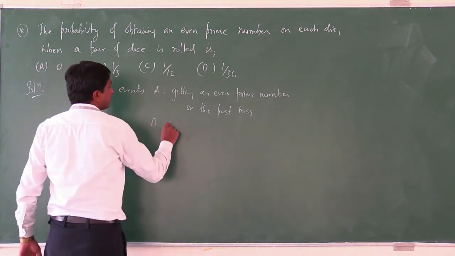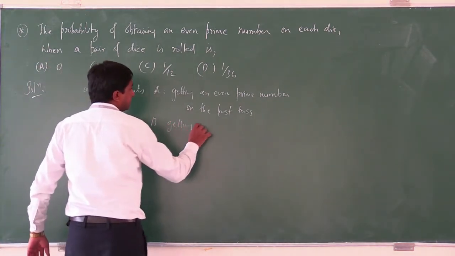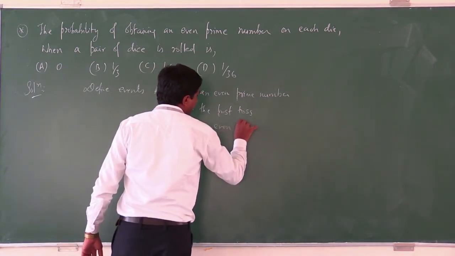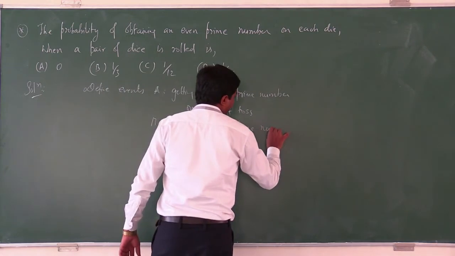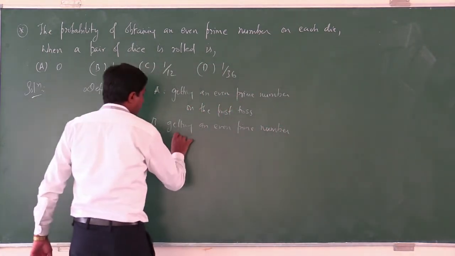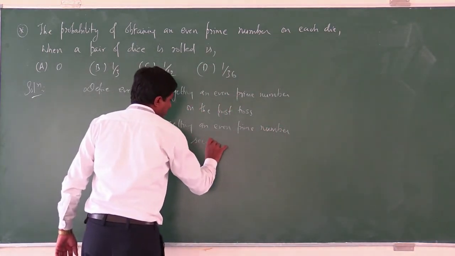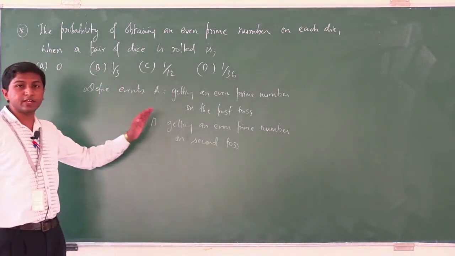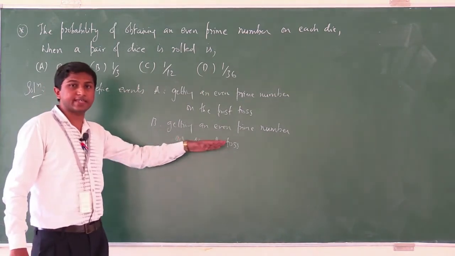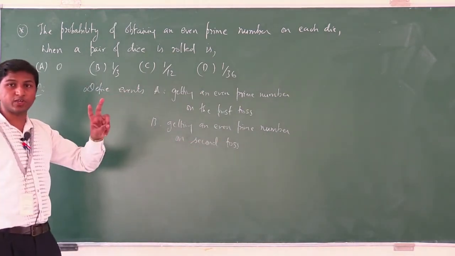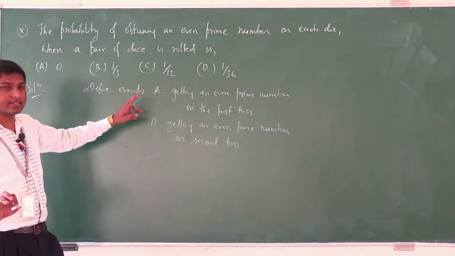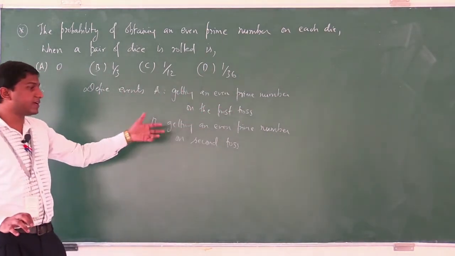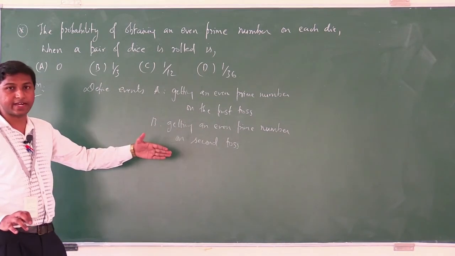Event B is getting an even prime number on second toss. Event B is getting an even prime number on second toss. So we have defined 2 events: A is getting an even prime number on first toss, B is getting an even prime number on second toss.